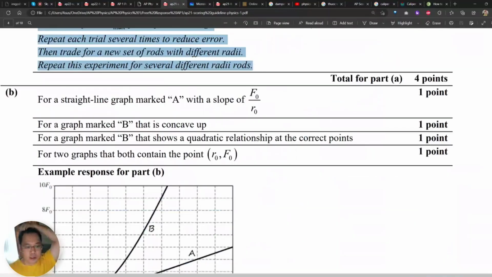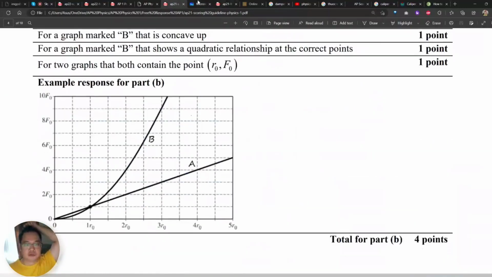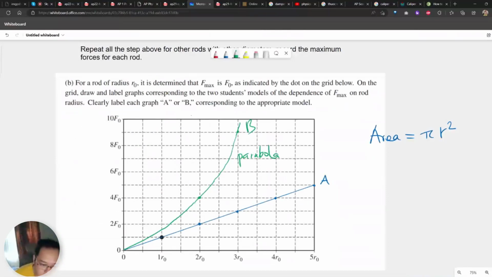The first part of the parabola is below the green graph for student A. Initially it increases at a slower rate. But at radius one is the intersection, because at one radius the force is the same.